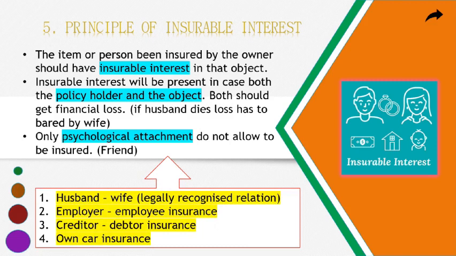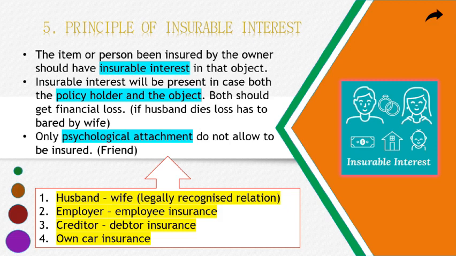Only legally recognized relations will be allowed to accept the policy, like husband and wife, father and son, mother and daughter, like that. Even insurable interest can also be seen between the employer and the employee.